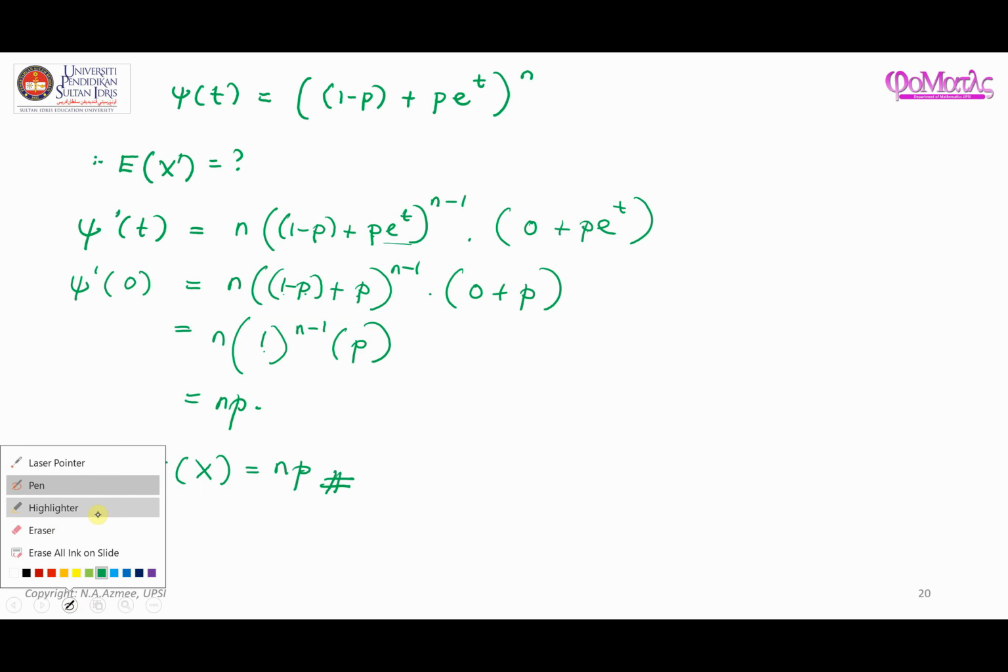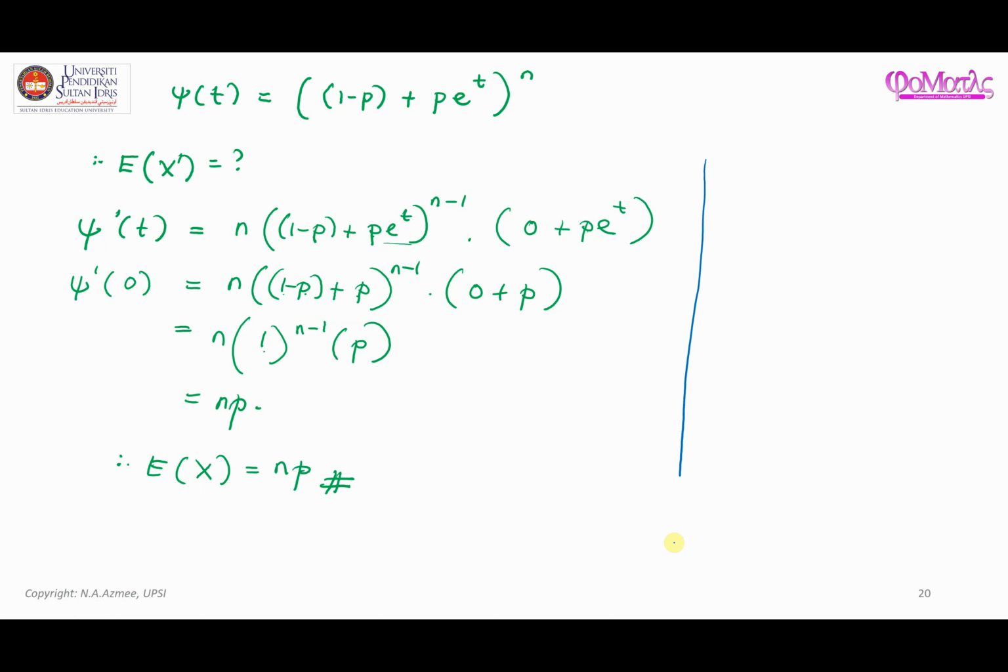In order to find the variance of x, the formula you need to work with is E(X squared) minus (E(X)) squared. The part E(X) we have already obtained, and now our job is to find E(X squared). We are going to repeat the steps again, and this time we are going to look for the value of E(X to the power of 2).